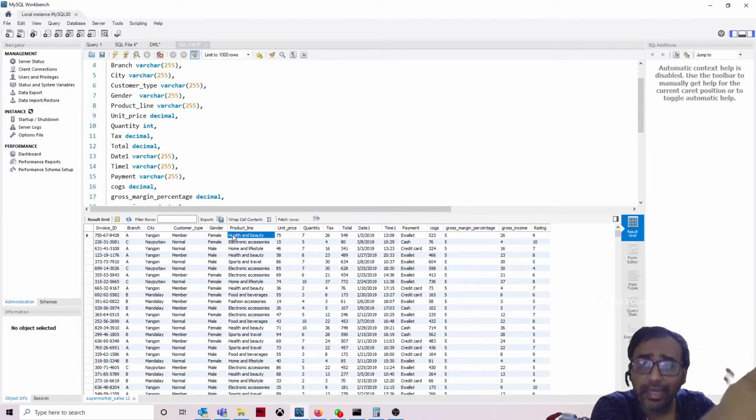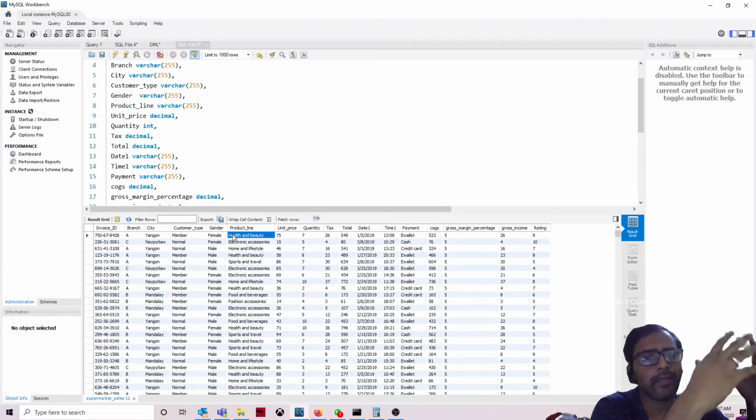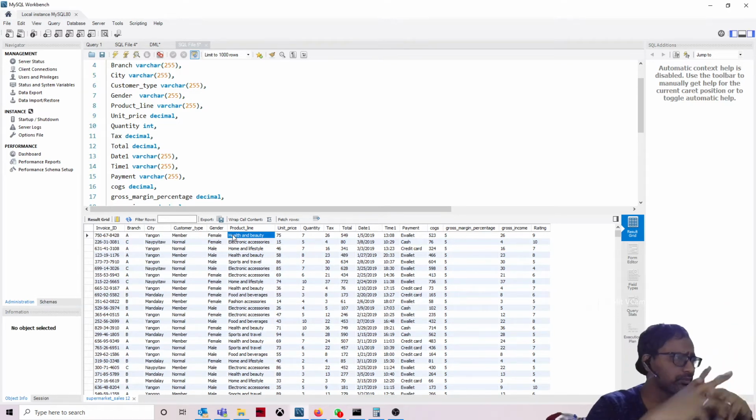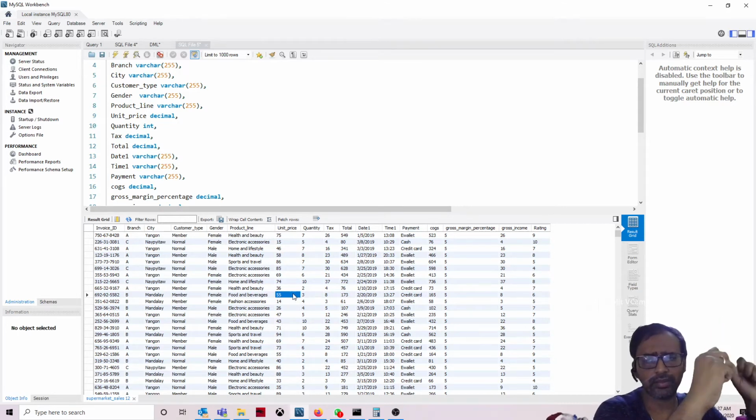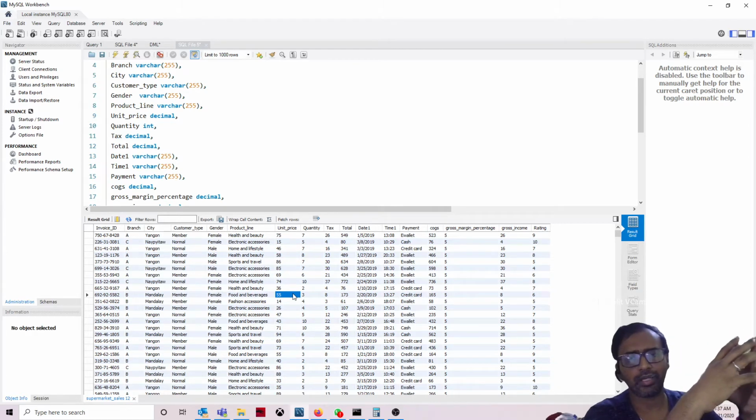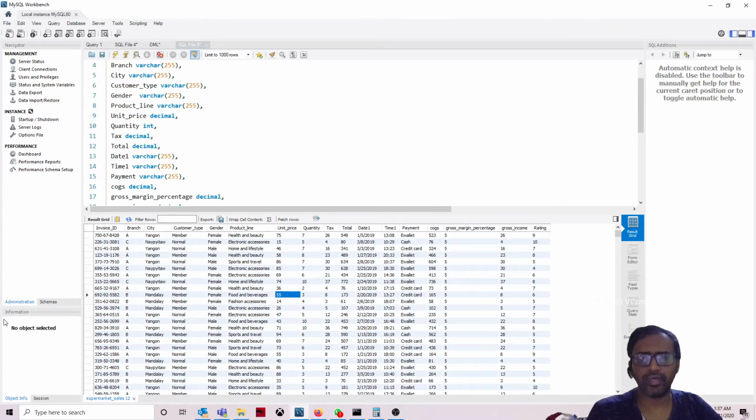And what is the payment mode, whether it's e-wallet, cash, card, whatever. So these are the important columns for our upcoming videos, which we want to analyze.